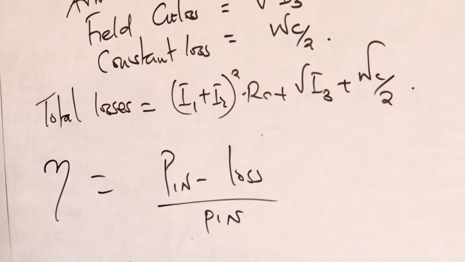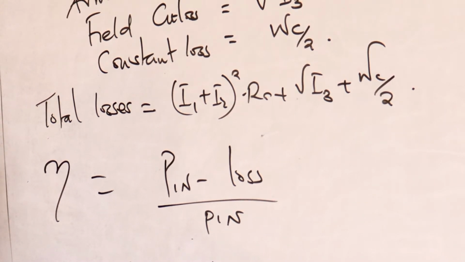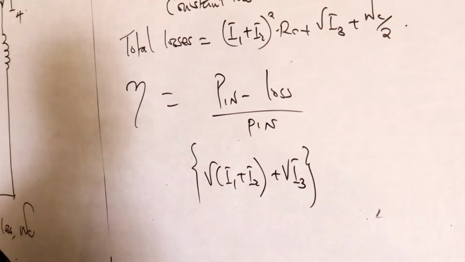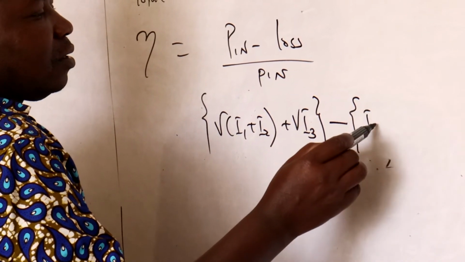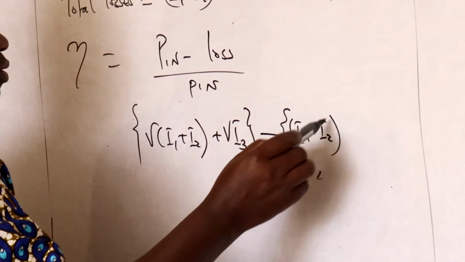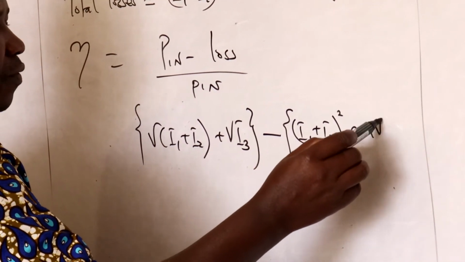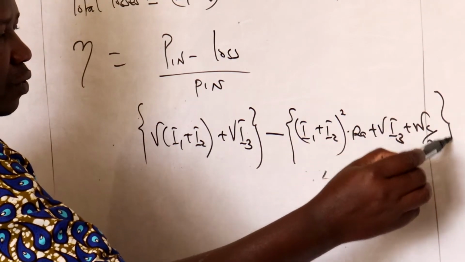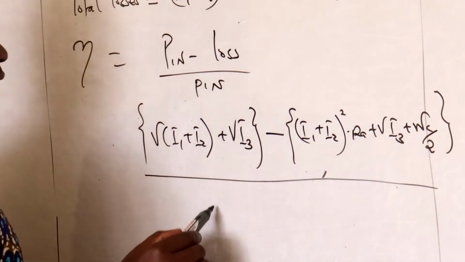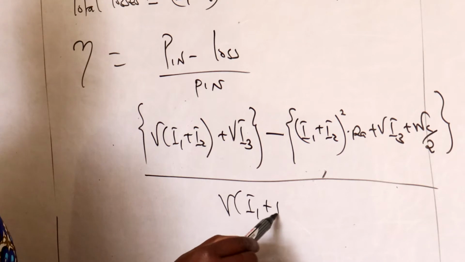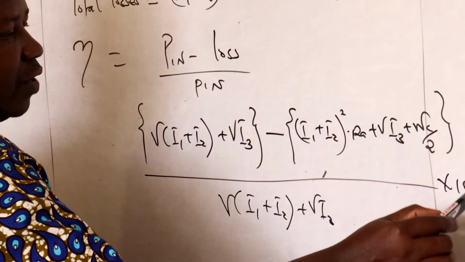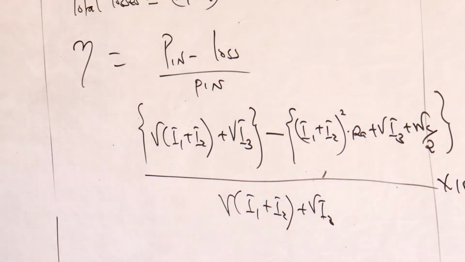V(I1 plus I2) plus VI3. Be careful about the brackets. Minus losses, which include (I1 plus I2) squared R plus VI3 plus WC divided by 2, all over V(I1 plus I2) plus VI3. If you like to communicate in terms of 100, that will be the case.